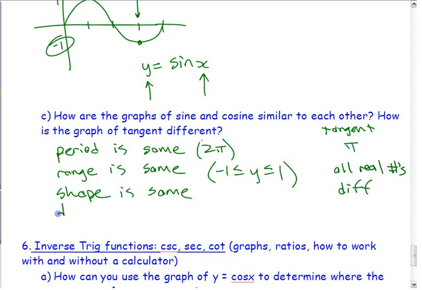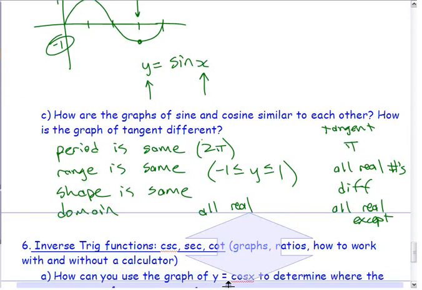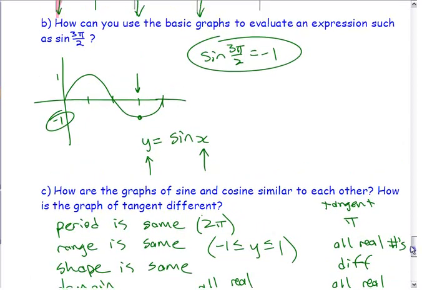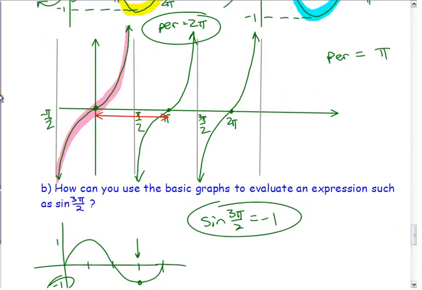And I left out the domain here. The domain for sine and cosine is all real numbers. For tangent, it's not all real numbers. It's all real except for certain values, right? Except for where the asymptotes occur. If you want to describe where the asymptotes are, here's the first one, and then they're pi apart.